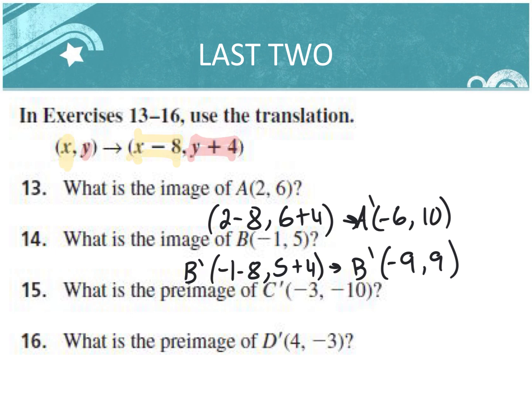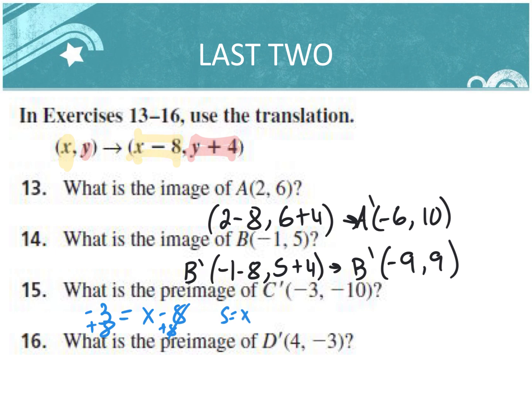So, in order to do that, for the pre-image of the x, we're going to get -3 is equal to x minus 8. And then you solve for the pre-image by adding 8 on both sides. So we're going to get that the x is 5.